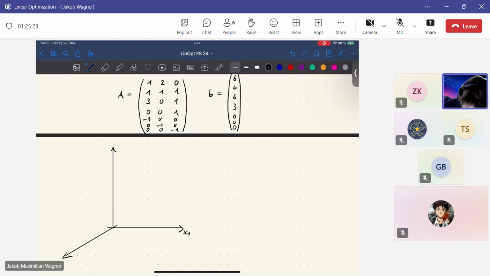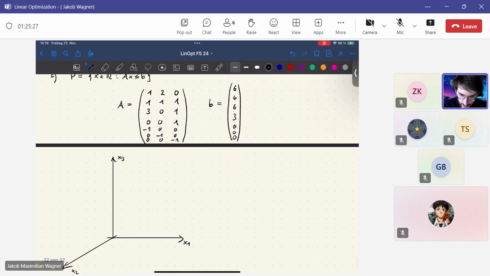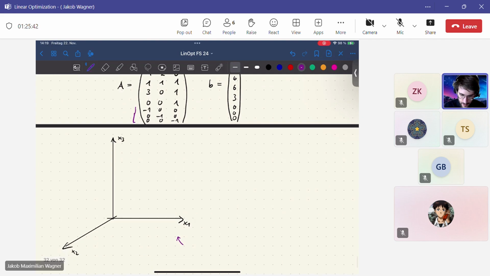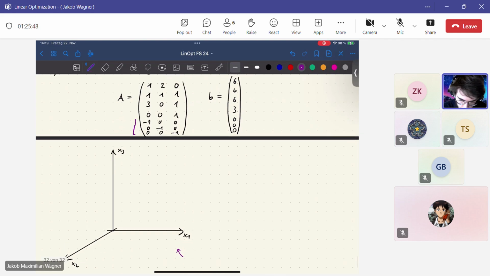This is x1, this is x2, this is x3. So first of all, we know that we have the 3 non-negativity constraints. So everything that's feasible is happening in this octant, so to say, that's sitting in front of this coordinate system. So these we don't actually have to additionally draw.